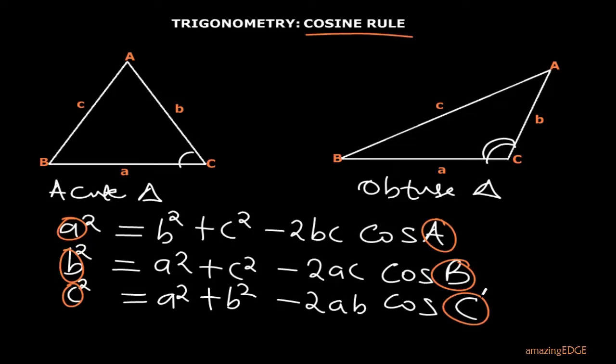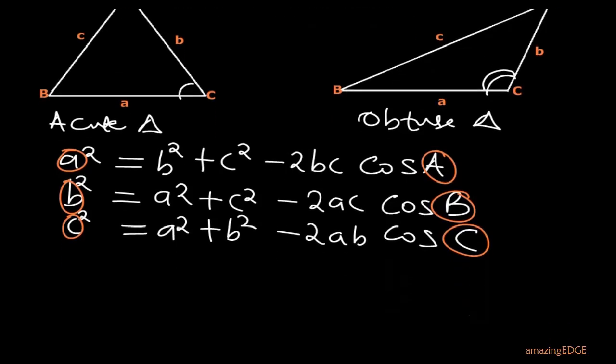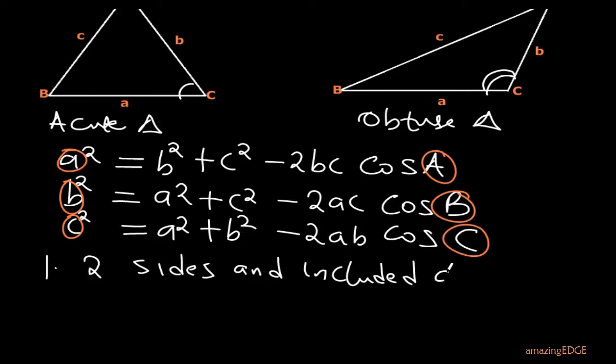Now, we ask ourselves the condition for using this cosine rule. You can use cosine rule when dealing with a non-right angled triangle, and when two sides and the included angle are given, or when you are given all three sides.